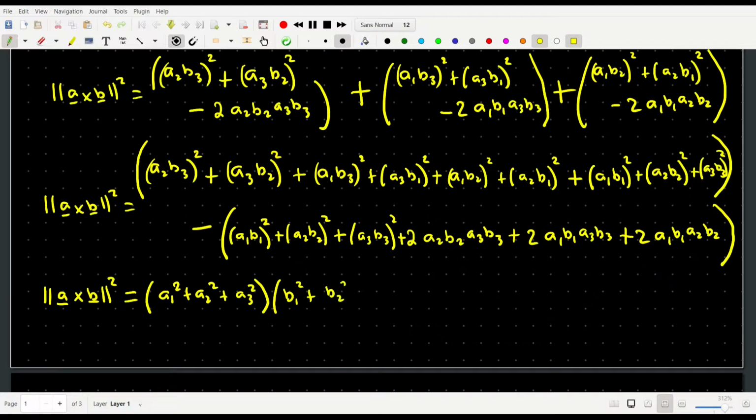This entire parenthesis is the same thing as the multiplication of this times this, minus a1 times b1 plus a2 times b2 plus a3 times b3, squared. So if you FOIL this out, you get all of this stuff in this parentheses, and if you FOIL this squared out, you get all of this stuff right here. And take a second to appreciate that, because this is a really incredible step that we've just done.